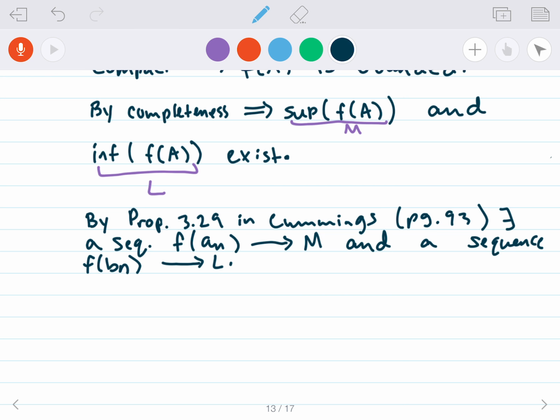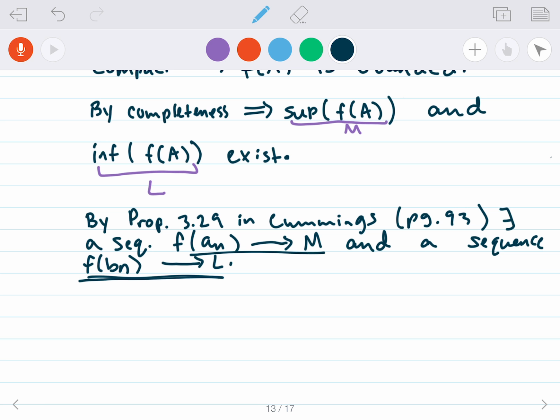All right. So what do we know about compact sets? We know that they're closed and bounded, right? And what do we know about closed sets? We know from chapter 5 that closed sets contain all of their limit points. And so L and M are limit points, right? They're limits of sequences in the set.